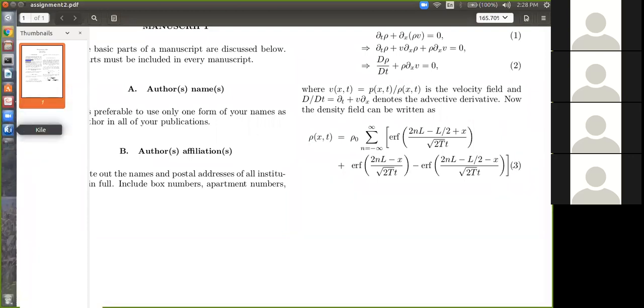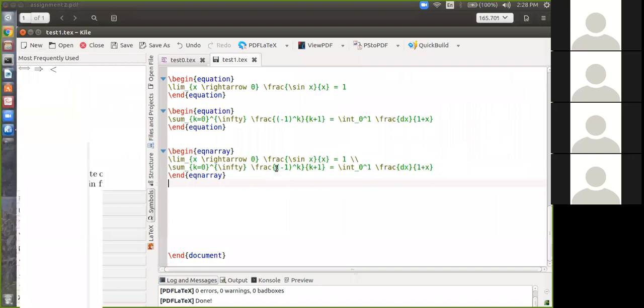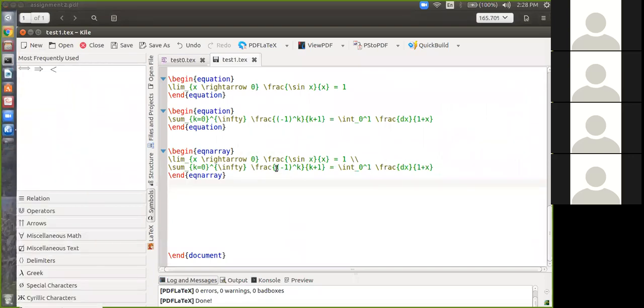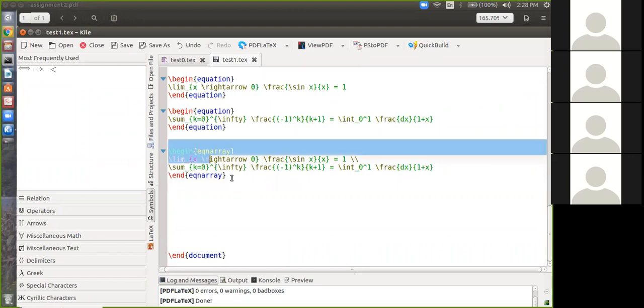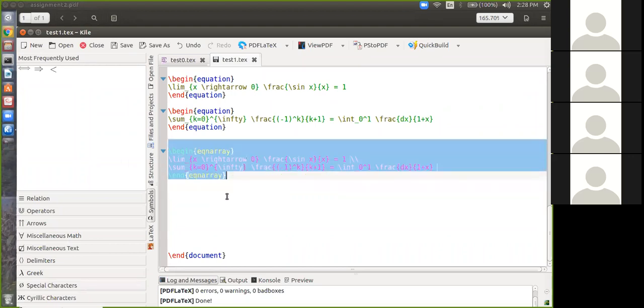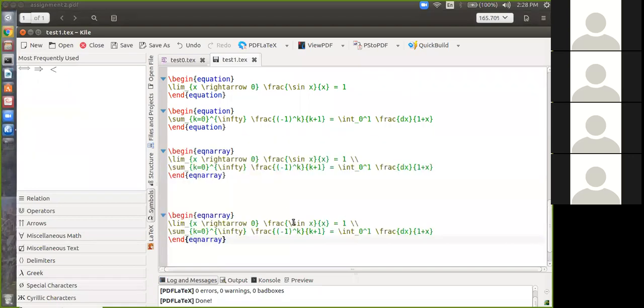I will show you how. Let me go to the Kyle. So I want to break this equation. I will copy this. I will just remove this part and say I want to break it here. I want to write the things after the equal sign in the next line.